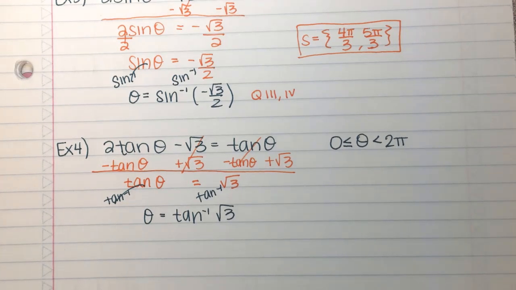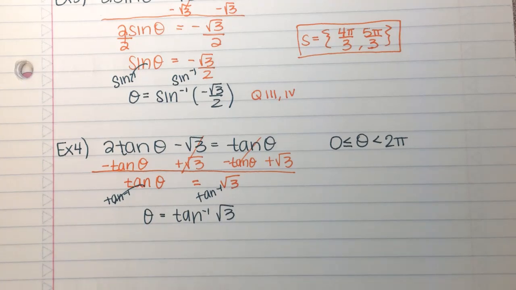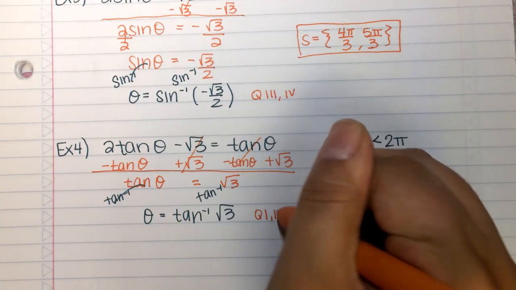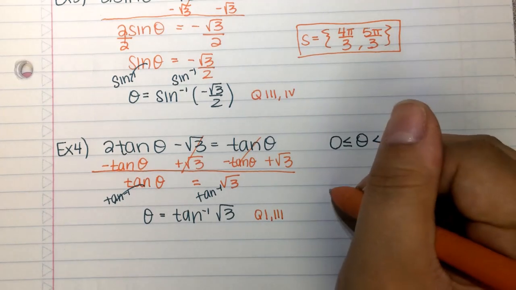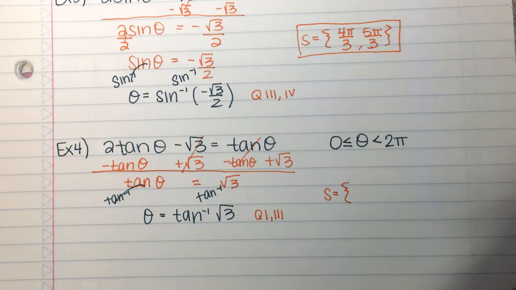What quadrant is your tangent positive? Quadrant 1 and 3. So our answer should be in quadrant 1 and 3. Where is tangent the square root of 3?